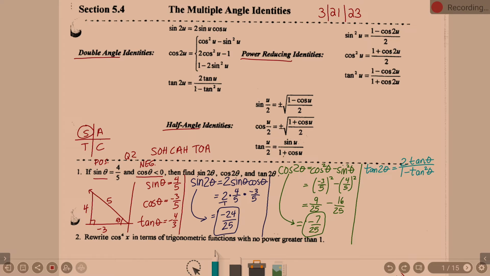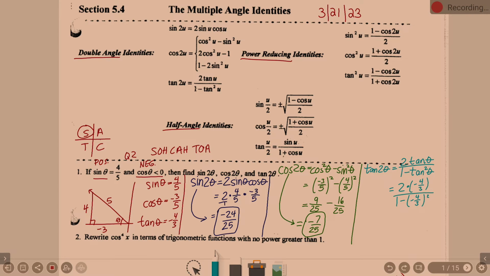Okay, so tangent of 2 theta is 2 times, what is tangent? Negative 4/3, over 1 minus tangent squared. So negative 4/3 quantity squared.